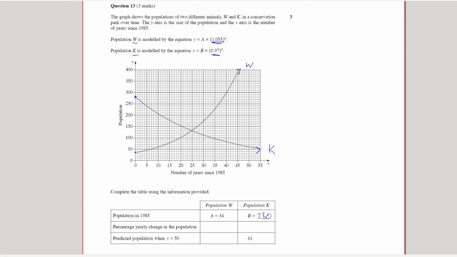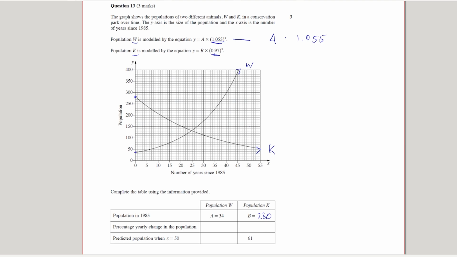Percentage yearly change. The way you would calculate this is, x is the amount of years that passed. So each year, if you were to just take population W, for example, a is the starting population, and it's going to be multiplied by, let's say year 1, 1.055.